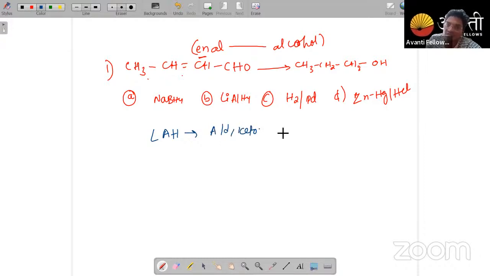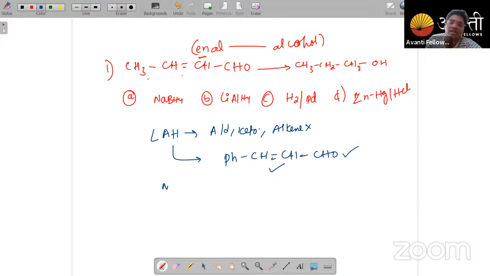But LAH can also reduce what? Alkenes in resonance. Individually an alkene cannot be reduced by LAH, but LAH can reduce this particular kind of compound because of the extended resonance taking place. Other than that, it will not reduce.